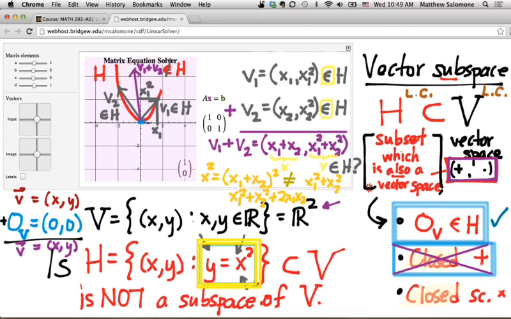So that demonstrates that this sum, in general, does not belong to H, because the square of x1 plus x2 is not always the same thing as the square of x1 plus the square of x2. And that's a proof that this set is not closed under addition.